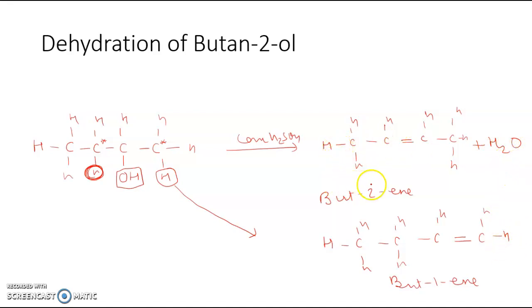But remember, but-2-ene could exist as an E and a Z isomer. So you've got to be very vigilant of that. On the carbon-carbon double bond, you've got 2 different groups. Therefore, this compound can exist as a geometric isomer as well.